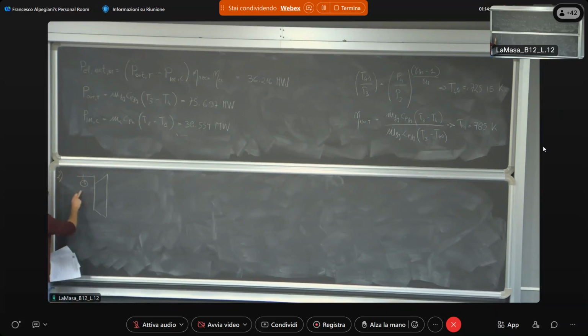We have an inlet stream, which is steam, at a certain temperature, T1, equal to 550 degrees Celsius, at a certain pressure, P1, equal to 128.8 bar.